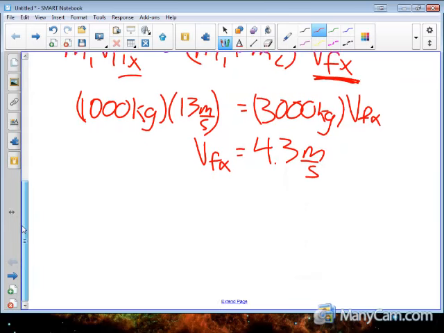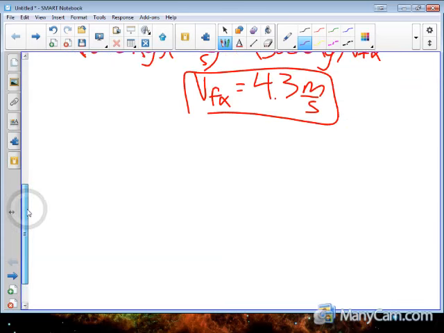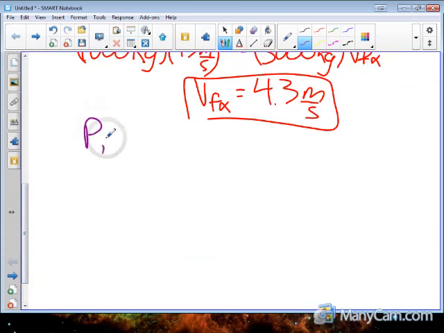Then I'm going to repeat the process for the purple in our y direction, because I know momentum initial y equals P final y.